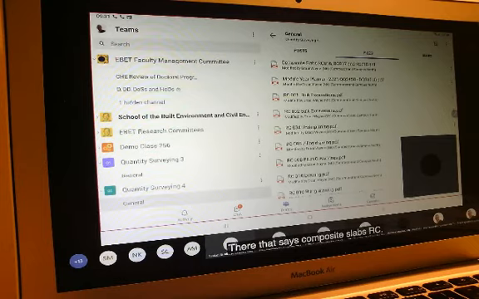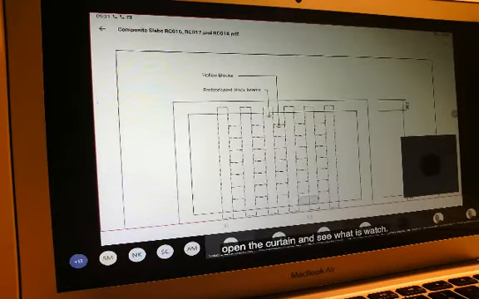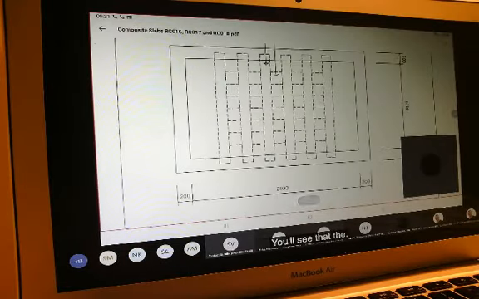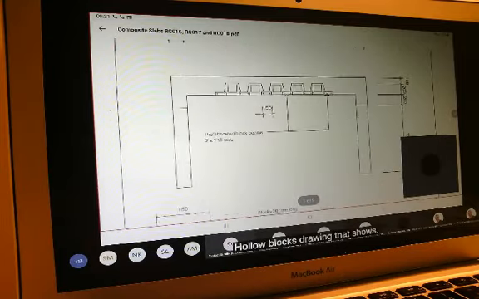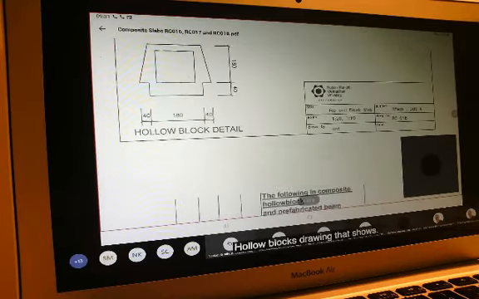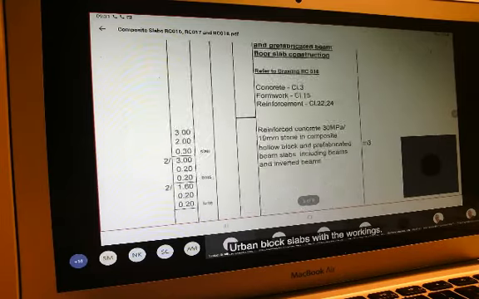You'll find that in files and the class materials. You'll see the first one right at the top there that says composite slabs RC 016, 017, and 018. You can go in there.